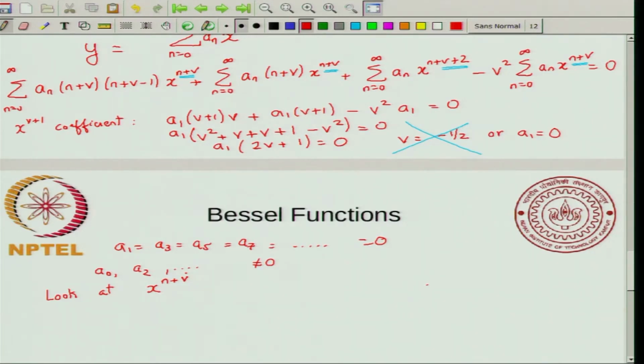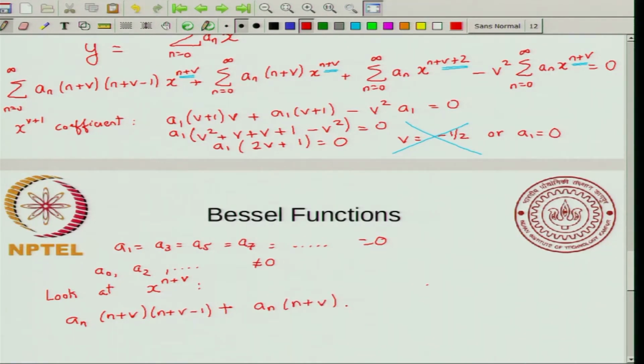If you look at that coefficient, then what you will get is the following. From the first term you will get a n times n plus v minus 1. From the second term you will get a n times n plus v.